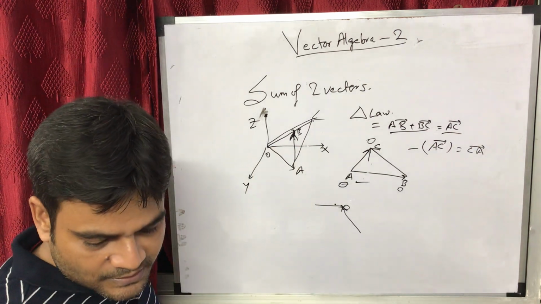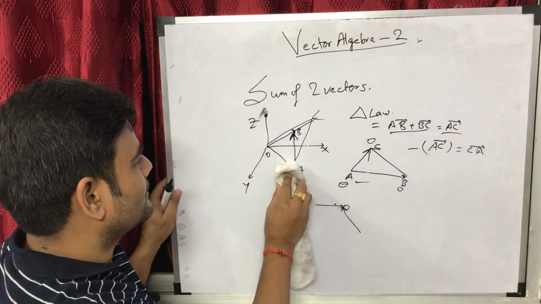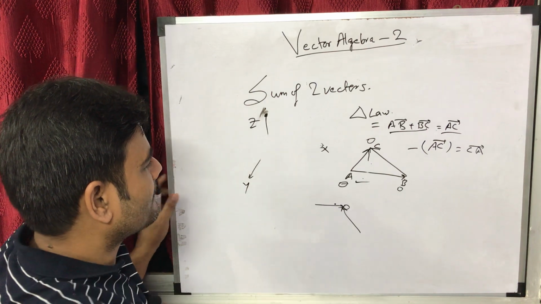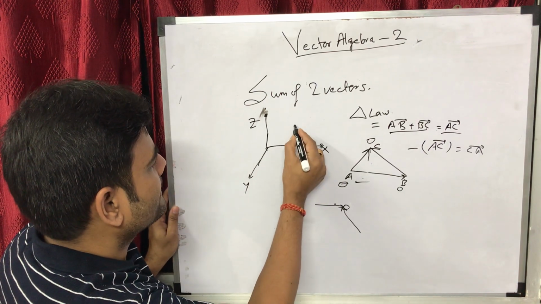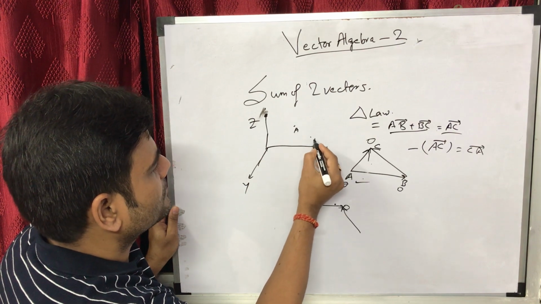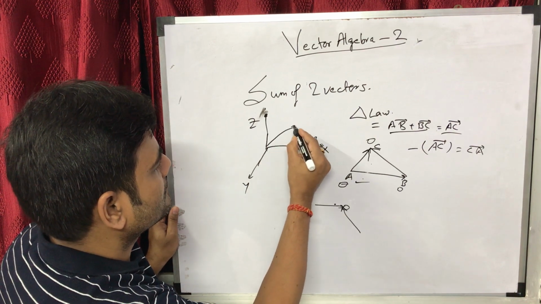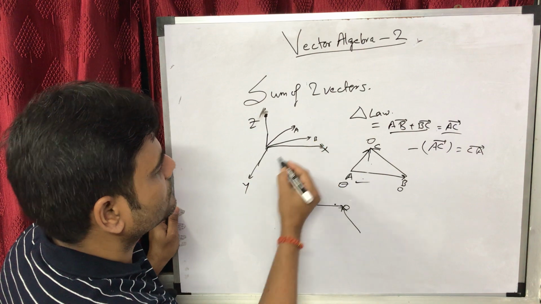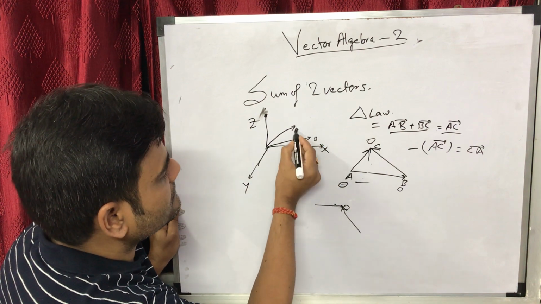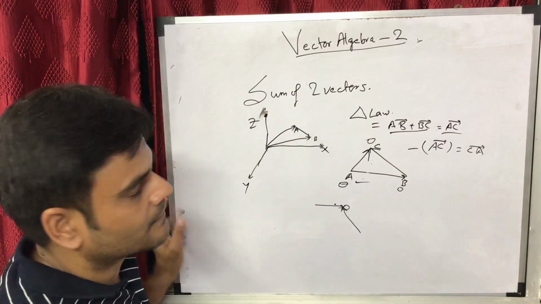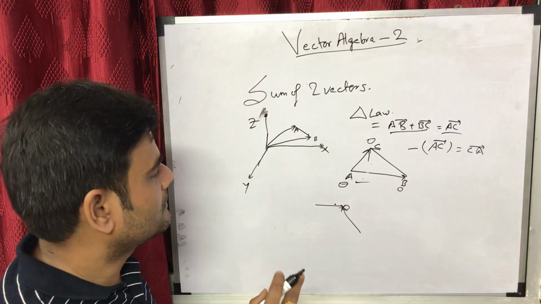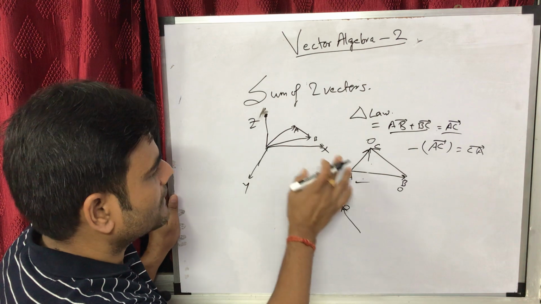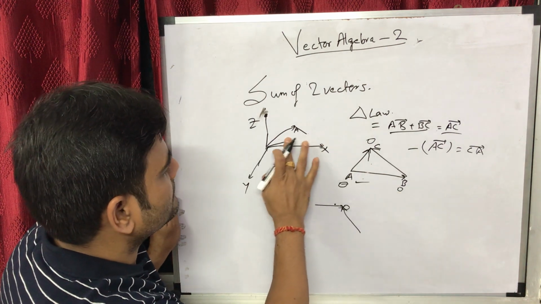This has become a khichdi, but try to understand that if there is a point A and a point B, there are two vectors, right? This is the position vector of A, this is the position vector of B, but the AB vector is this vector. Try to understand this, the line joining A and B. So I could have made it like this.